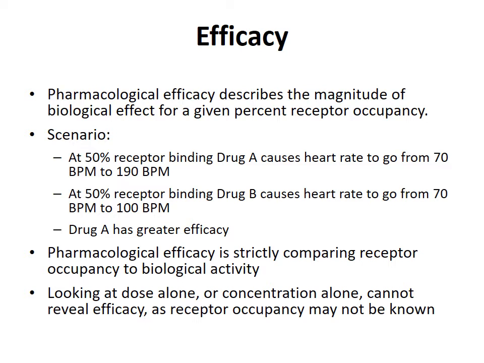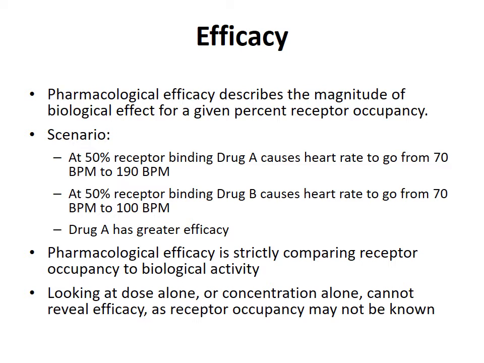Clinical efficacy would be, how well does the drug work for the disease you're treating, and that's just to summarize without getting into too much detail. But pharmacological efficacy is much more specific, on a molecular level. So what biological response do you get for a given percent receptor occupancy?